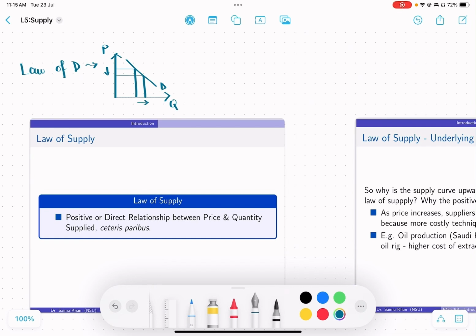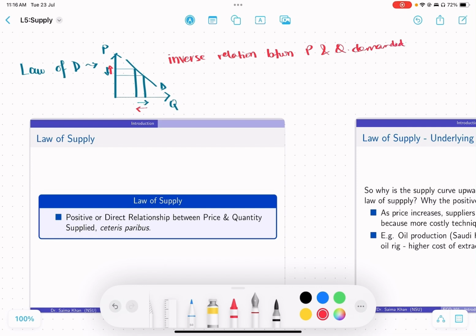Or the reverse is also true, that if the price were to rise, the quantity demanded would actually fall. So basically, the law of demand told us that there was an inverse relationship between price and quantity demanded.